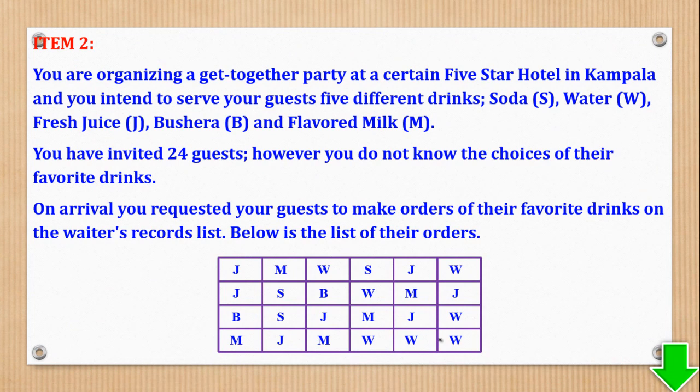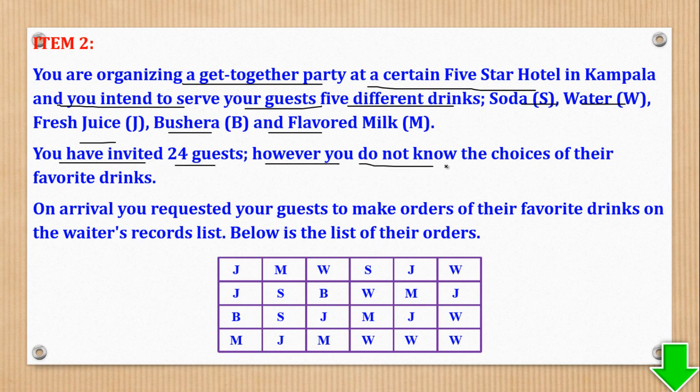That was item 1. Let's go to item 2. Item 2 says, you are organizing a get-together party at a certain 5-star hotel in Kampala, and you intend to serve your guests 5 different drinks: sodas, water, fresh juice, bushera, and flavored milk. You have invited 24 guests.